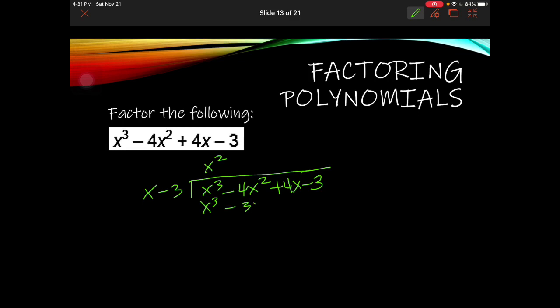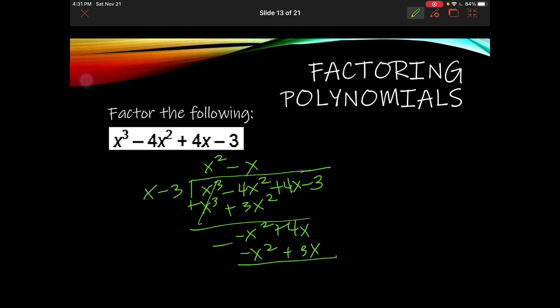Ginamit ko po ay long division dahil natutuwa ako sa long division. Pero pwede naman kayong gumamit ng synthetic. So, magma-minus ito, change, negative x squared, ibababa ang 4x. Negative x squared, positive 3x. If I subtract this, ang mangyayari po ay mawawala ito.